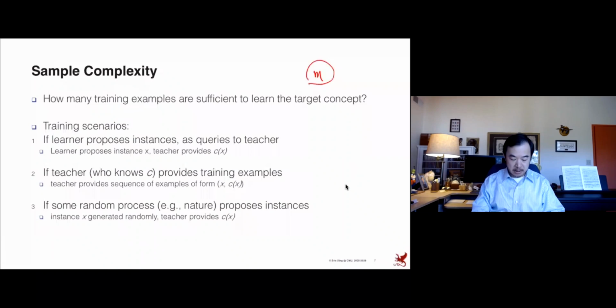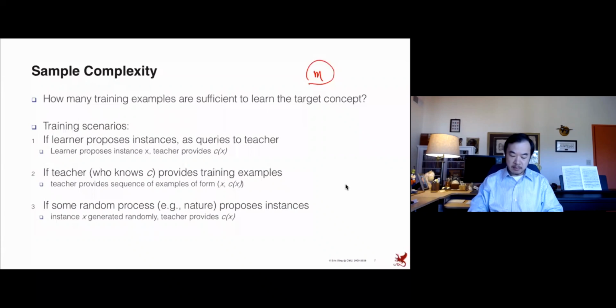You may be in a scenario where, as a learner, you propose an instance that is unlabeled, and you ask a trainer to label it. Or you will be dumped by the trainer just a batch of examples which are already labeled, and you, as a learner, do not have the right to refute any of the examples or suggest new examples.